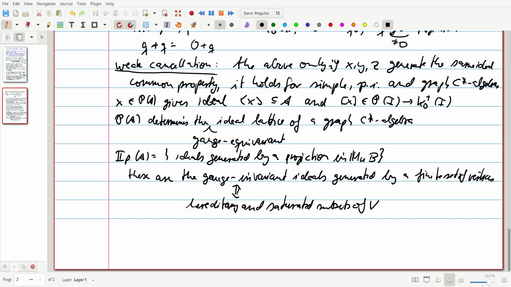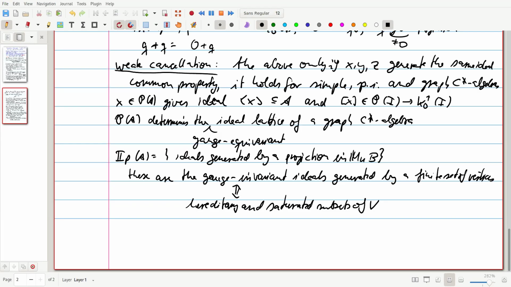And this is exactly what you get here as this invariant. So this P of A doesn't determine the complete ideal lattice, but it describes some subset of the ideal lattice, which, for a purely infinite graph C-star algebra, is actually good enough to determine the whole ideal lattice, because if you have these things, you could also look at countable unions, or just unions of such subsets, and then you would get all gauge invariant ideals in a graph C-star algebra. And if it is purely infinite, all ideals are known to be gauge invariant, so you get all ideals.